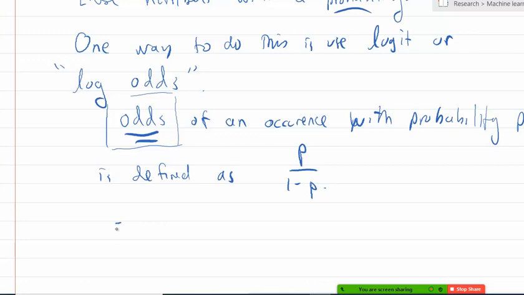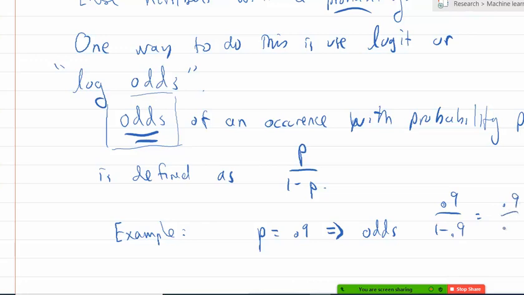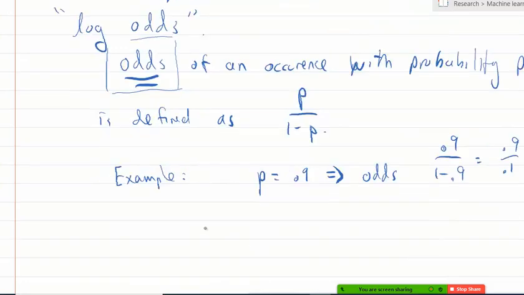Let me give some examples. Suppose p is equal to 0.9. That means that the odds are 0.9 divided by 1 minus 0.9, which is 0.9 over 0.1, or 9. So those are large odds.